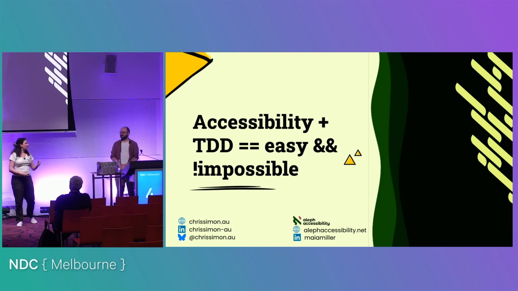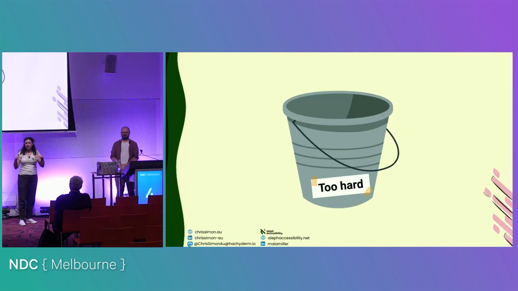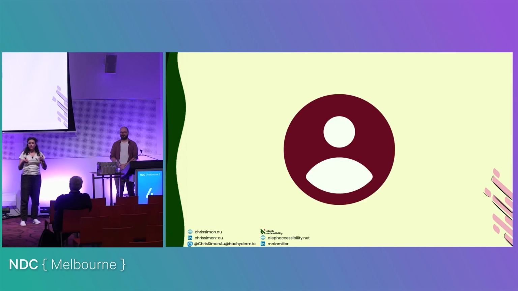When Chris and I have been talking about our respective domains, TDD and accessibility, we both found that one of the things they have in common is that they're both often put in the too hard bucket. But there are also other things they have in common. Both of them really support quality, robust, refactorable code, and ultimately both of them are fundamentally human-centered approaches to building software and code.